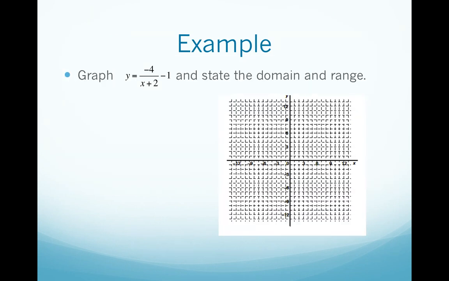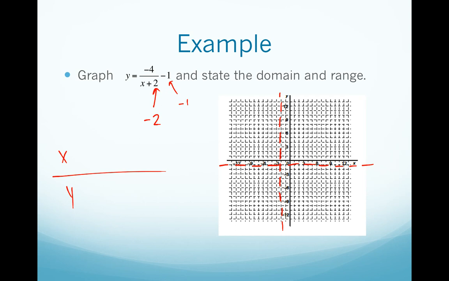So here's an example. This is going to give us our vertical asymptote at -2. This is going to give us our horizontal asymptote at -1. And then that might be enough to graph our function. If not, we can pick some values for x and y.